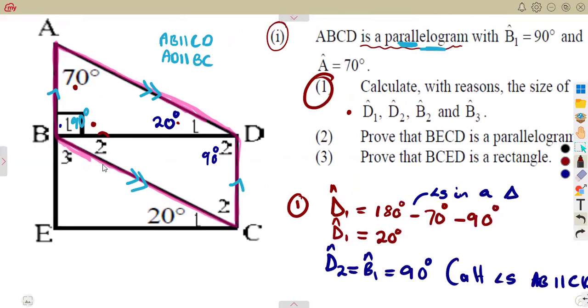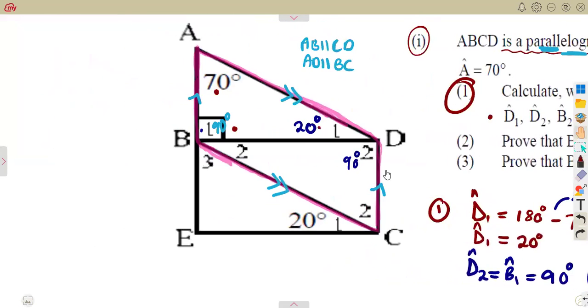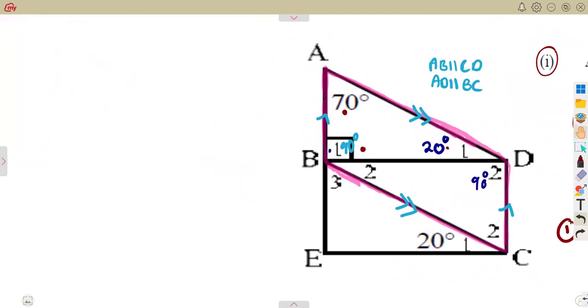We can have B2. Actually, here we can see the concept of B2 and this other side. Remember what I said about the parallelogram, about the opposite angles. Or you can consider, there are so many ways. Okay, let me start with the one that is clear about B2, then we move on to another one.